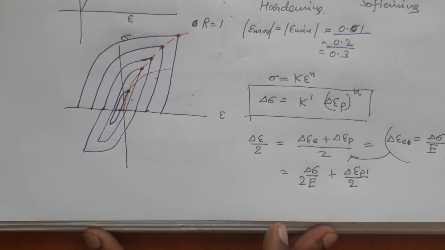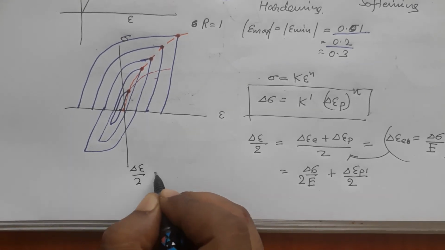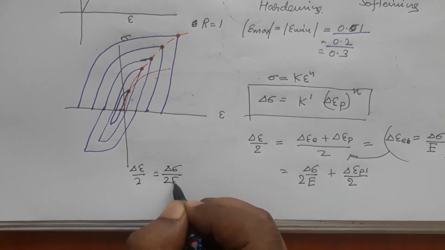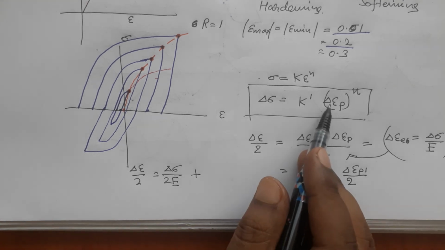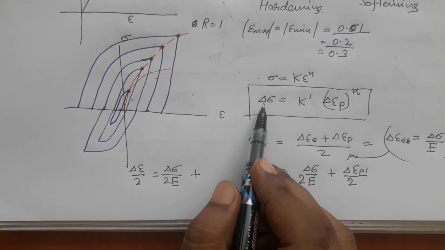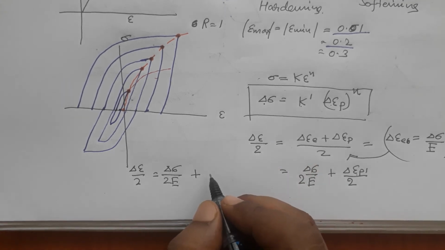So finally you get delta epsilon by 2 equals delta sigma by 2E, plus now delta epsilon P is equal to delta sigma divided by k dash to the power 1 by n, right, and 2 will remain outside.